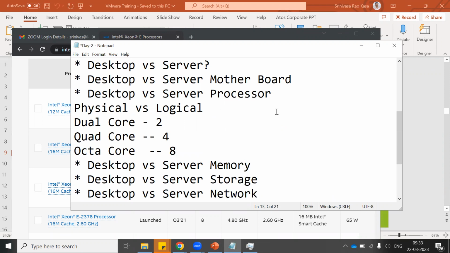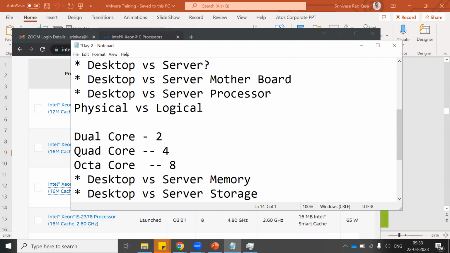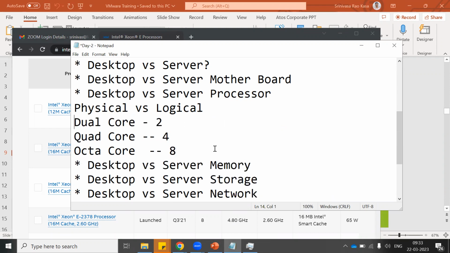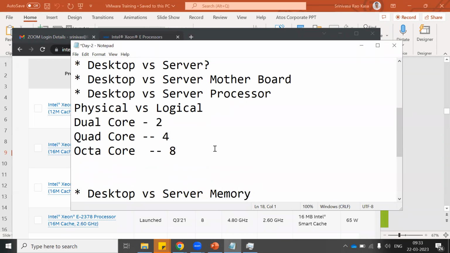For example, the motherboard has 2 sockets. You know what a socket is, I hope it is clear. The socket on the motherboard is required to place the processor.